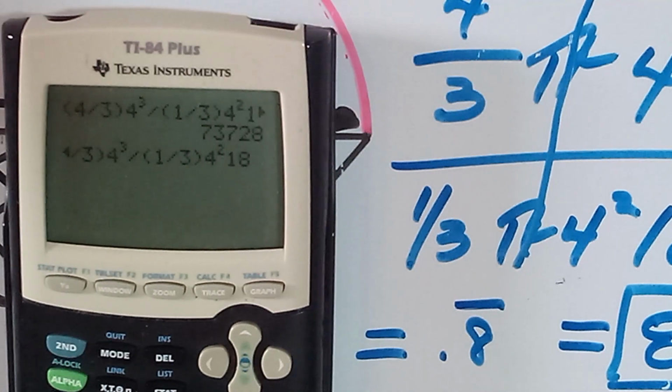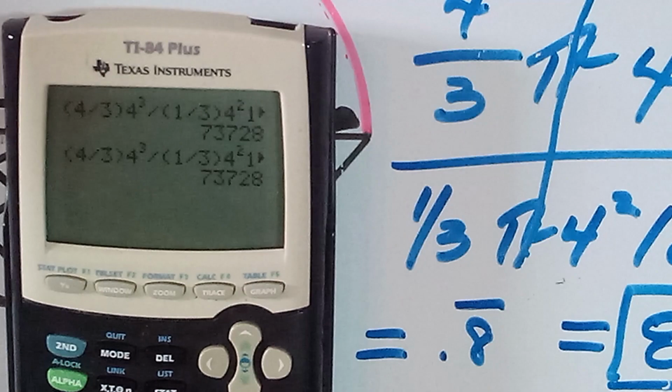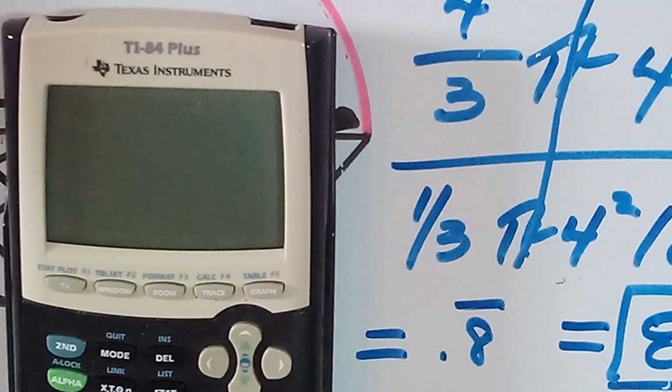Here is my advice to you. Anytime you have an operation in the numerator or denominator, put parentheses around it. Why? Because we want the whole numerator divided by the whole denominator. So in this case, here's how I should have set it up.